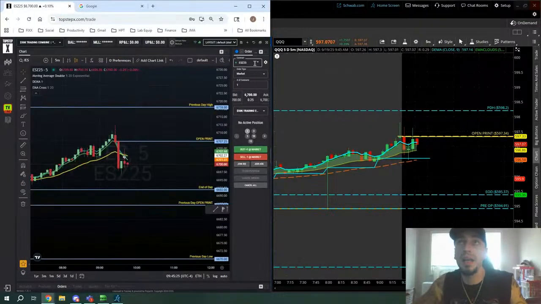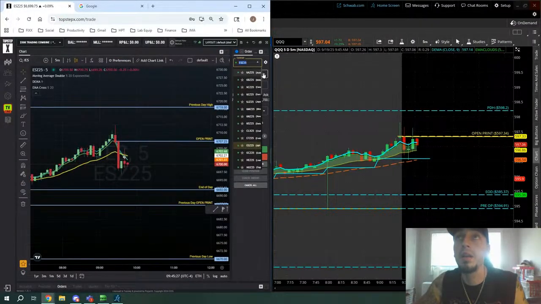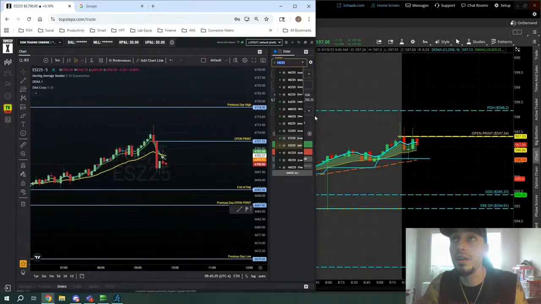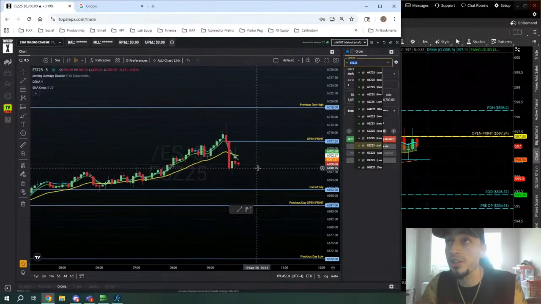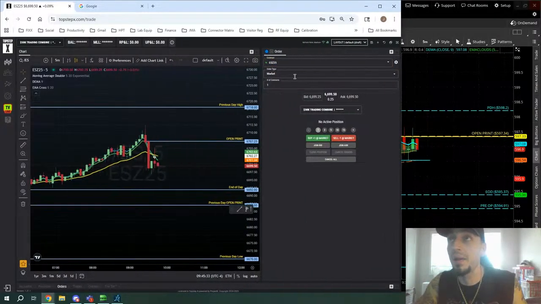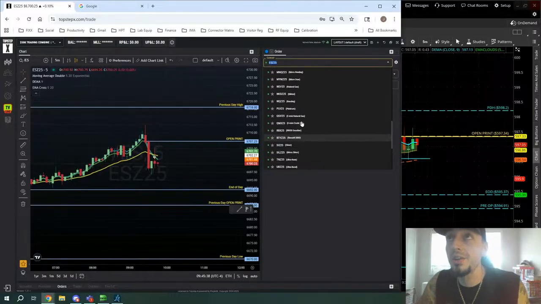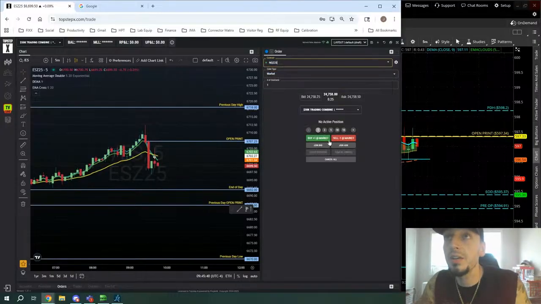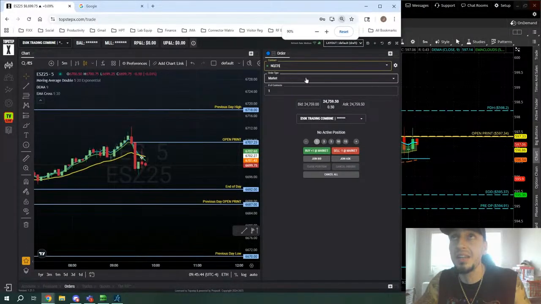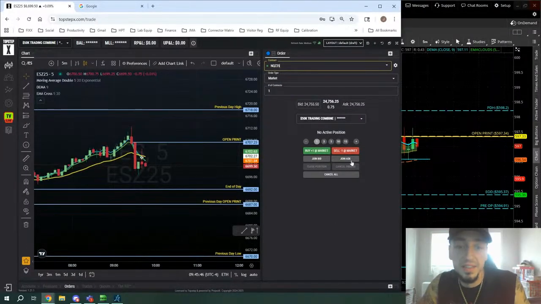Let me pull up the NQ contract just in case here. All right, so we didn't get the RBI or the GBI, by the way. It's going to be my first time trading the NQ, too. Let's see. Where is it? NQ, NASDAQ. I think this is it, right? Todd, isn't this it? Is this the contract I'm looking for? Let me know, guys, if this is it. I think it is.